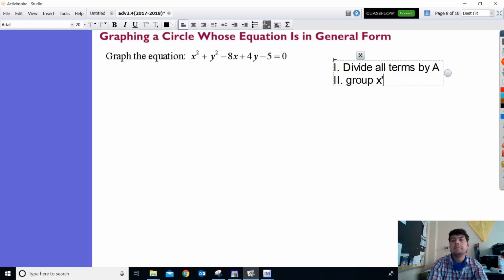Now, I actually introduced a second step here. Group your x's and y's. While you're at it, go ahead and move that constant to the other side.